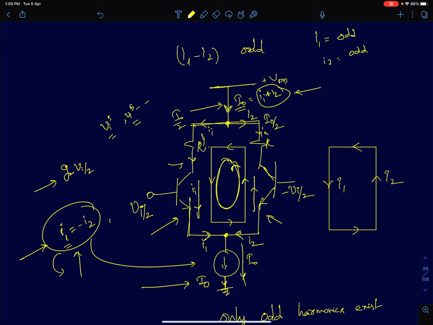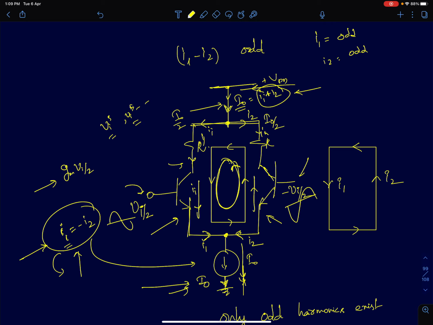So even though you are applying sine waves or inputs at both the terminals, you will not notice any change in the current drawn from the supply. That directly follows from Kirchhoff's current law. You are injecting current into the ground of value I naught, so you must be drawing it from the supply as well. So no even harmonics are present in the circuit.